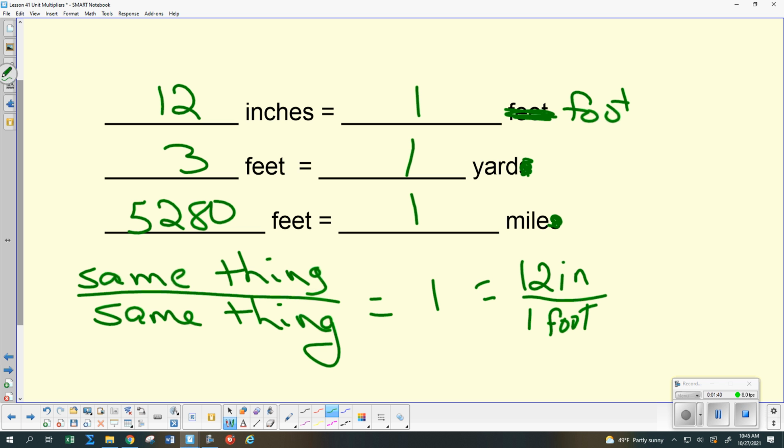Or I can do 1 mile over 5280 feet. Those are the same distances, so same thing over same thing is equal to 1. So when we use a unit multiplier, we're multiplying what we started with times 1, so we aren't changing the problem. It's still the same problem that we're trying to solve.